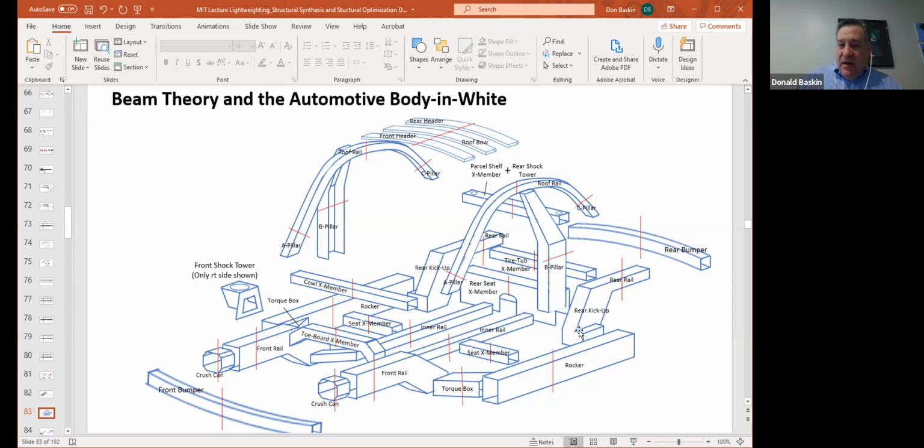Then there's the rear rail, which typically has what's called a kick up in it, because they have to put the rear seat somewhere and create clearance for the rear suspension. It has typically its own set of torque boxes, and it goes back to the rear rails. Here's the rear rail, which then bolts onto the rear bumper beam back here.